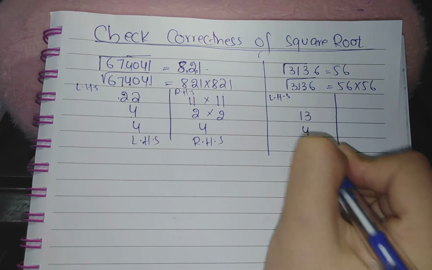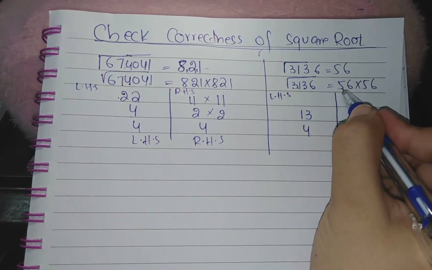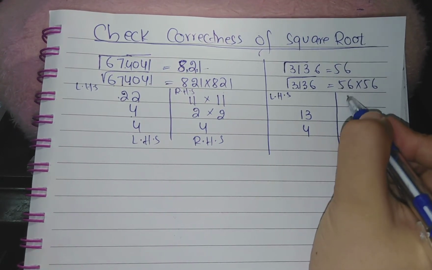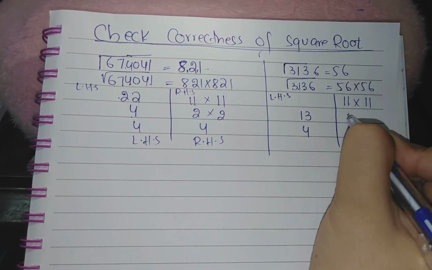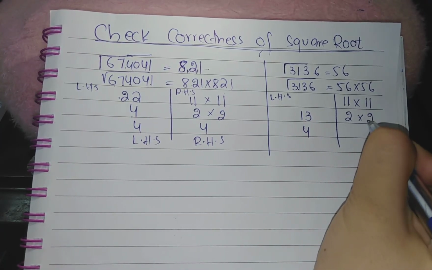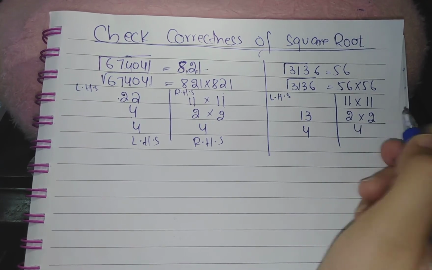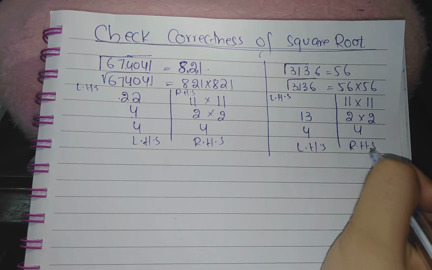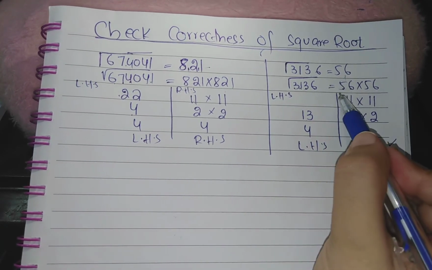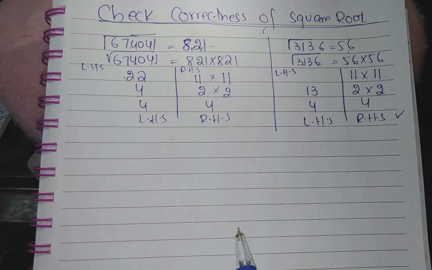So 3 plus 1 is 4. By considering the right hand side, 6 plus 5 is 11 and 6 plus 5 is 11. 1 plus 1 is 2 and 1 plus 1 is 2, and 2 into 2 is 4. So left hand side equal to right hand side. So this is the exact answer of this square root.